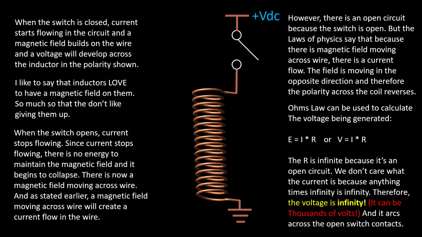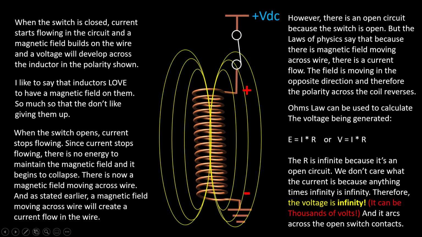When I apply DC voltage, so when I close this switch, current starts flowing in the inductor. And as soon as current starts flowing in the inductor, I get a magnetic field built up around that inductor, and a polarity forms. So when I turn the switch on, this magnetic field starts to build up, and it's there as long as the switch is closed.